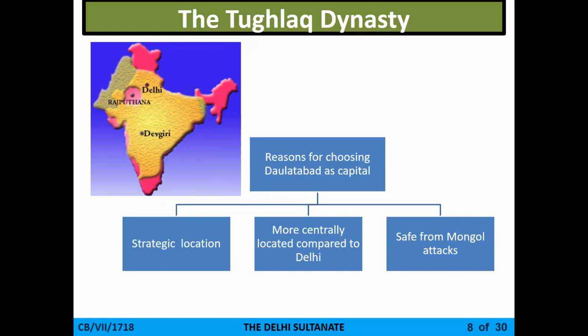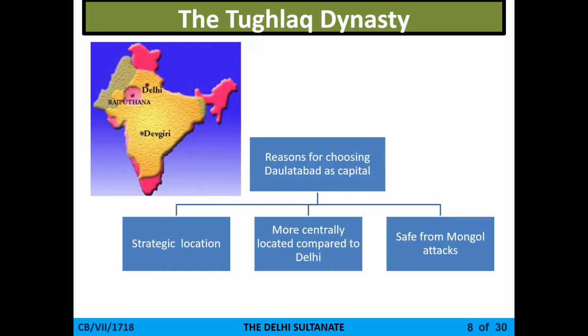Another reason was that, as it was located more centrally compared to Delhi, it was easy for him to administer the southern territories from Devgiri. We have studied in the previous dynasty, the Khalji dynasty, that Alauddin extended the Delhi Sultanate into the southern part also.